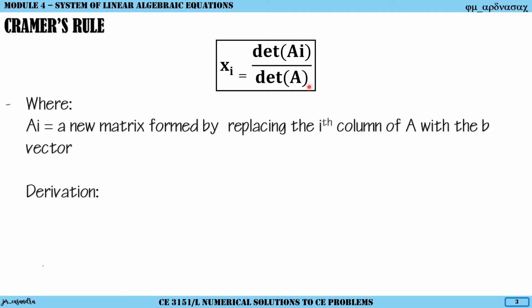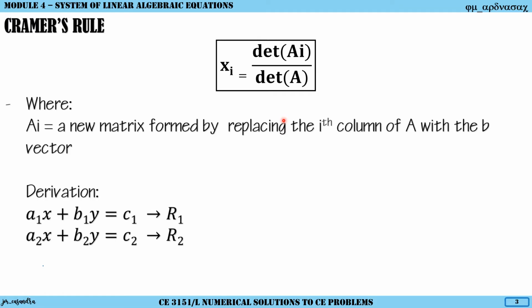Okay. So for our derivation, to understand where this equation came from, let us consider now two equations with two unknowns. So given now a1x plus b1y equal to c1, which will now represent the first row of our matrix, and a2x plus b2y equal to c2, representing now the second row of our matrix.